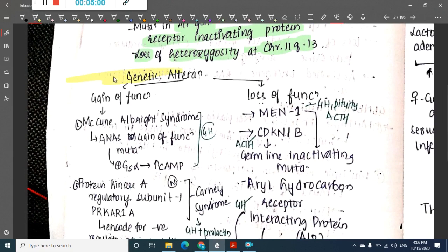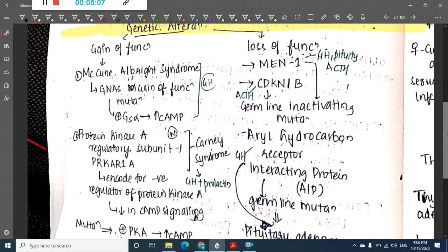Now we will see genetic alterations and their association with pituitary adenoma. We can divide them into two types. One, it can be gain of function mutation. Second, there can be loss of function mutation. The syndromes involved in gain of function mutation are McCune-Albright syndrome, which we have already learnt about.